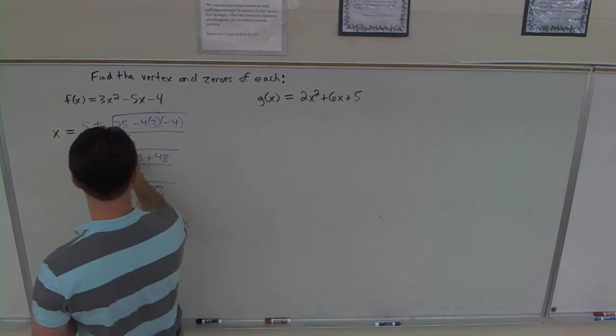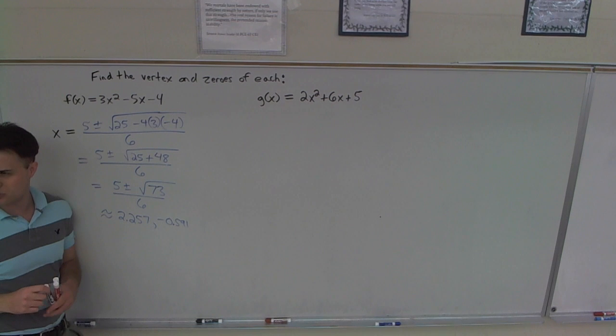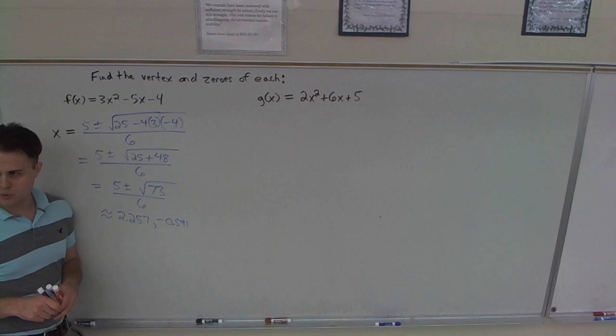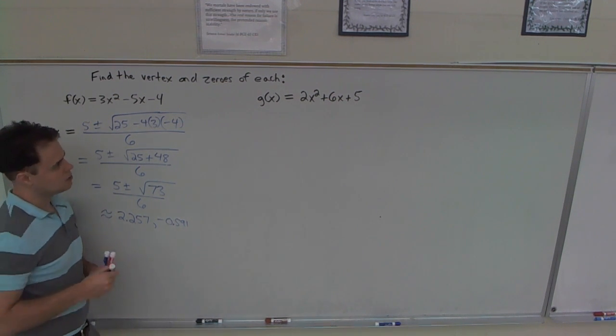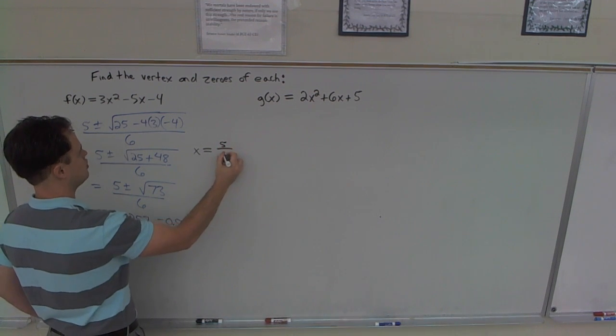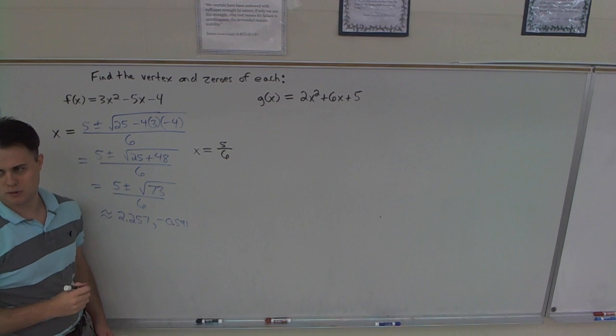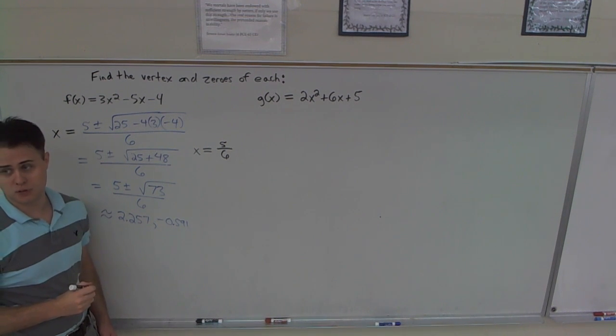What about the vertex? It's not in transformation form. I can complete the square to find the vertex, but we could also use that thing that says negative b over 2a, right? So we could go x equals negative b over 2a. That's the x-coordinate of the vertex.